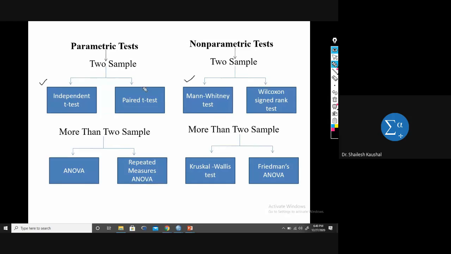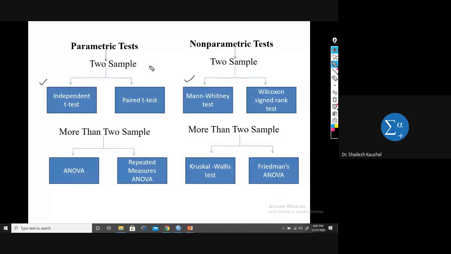Now second, the paired t-test. We apply the paired t-test when we use an experiment or treatment, meaning before treatment observations and after treatment observations.